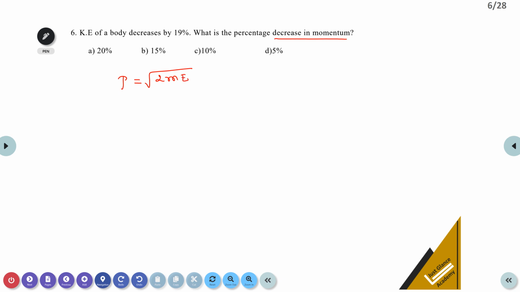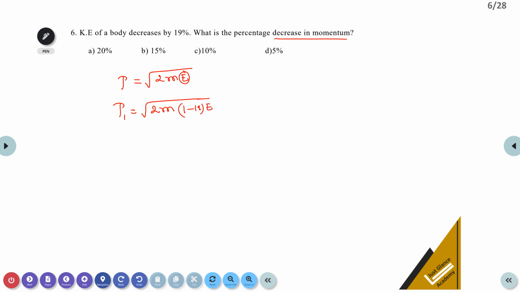In this problem, mass is constant, only the kinetic energy changes. Now the second time, P1 equal to square root of 2m into, you take the kinetic energy equal to 1, here 1 minus 19%.